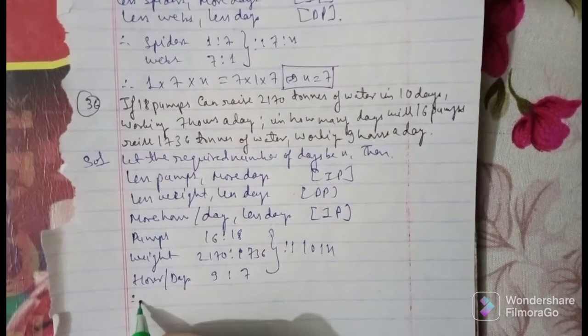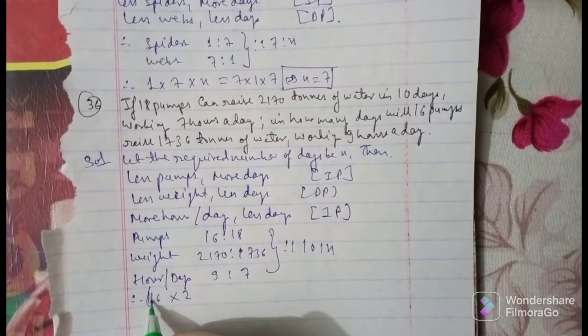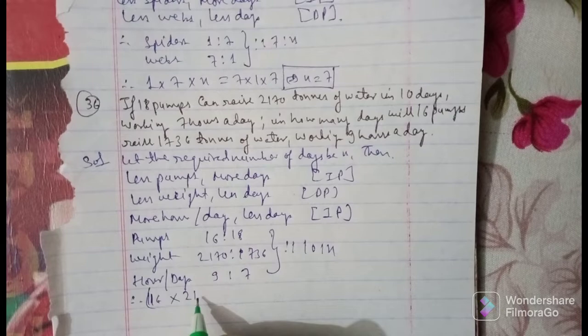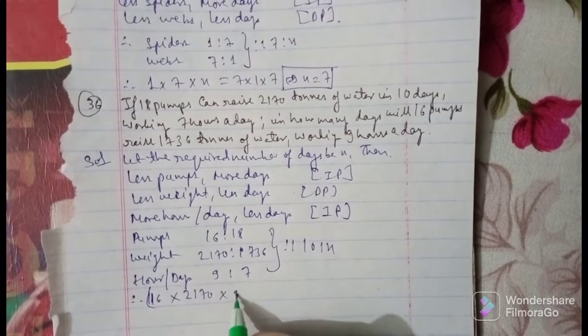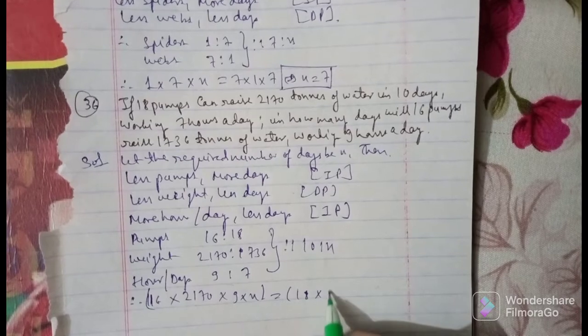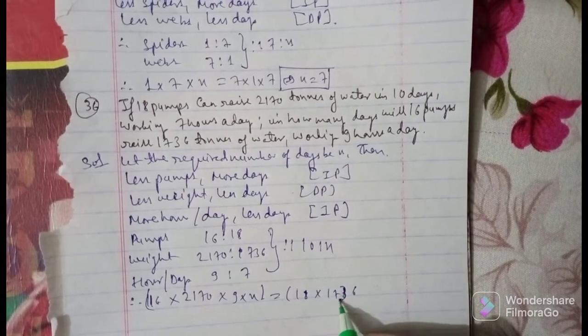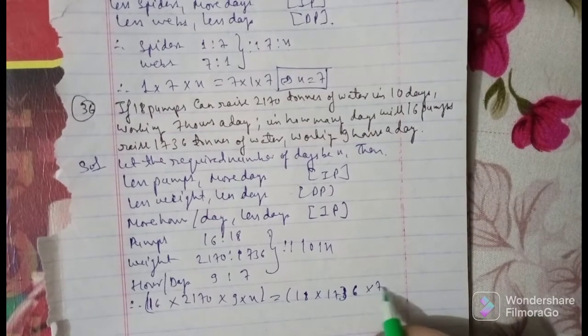So 16 into 2170 into 9 into x equals 18 into 1736 into 7 into 10.